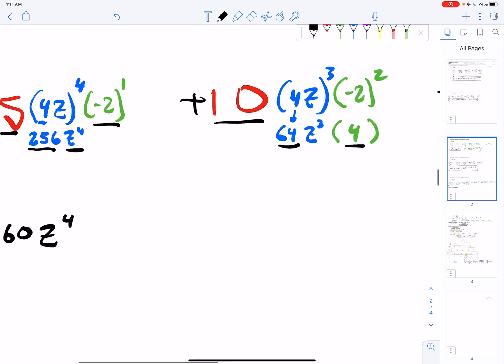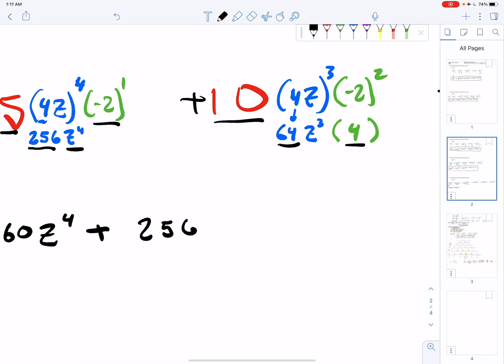That's going to give me a positive, third power for that. So 4 times 64 times 10, that's going to give me positive 2,560, and that's z to the third power. And so all of that simplified to that.